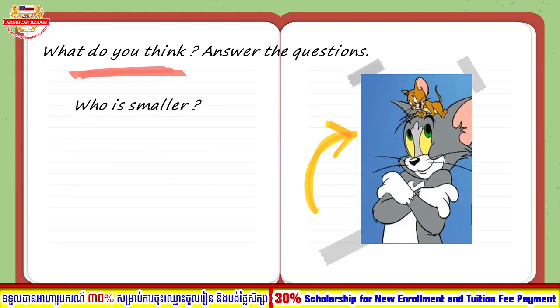My question is, who is smaller? You see in this picture already, right? So the answer is: Jerry is smaller than Tom. As you know already, Jerry is the mouse, Tom is the cat. So the smaller one is Jerry, right? Now let's move to the next one.